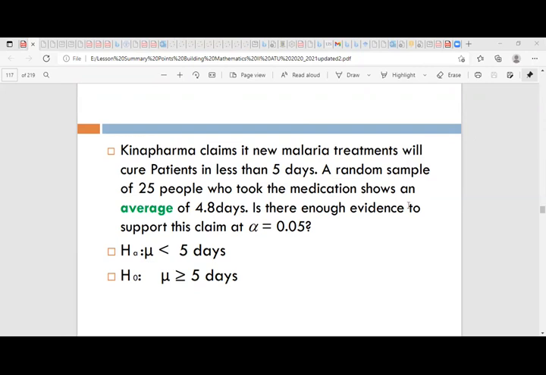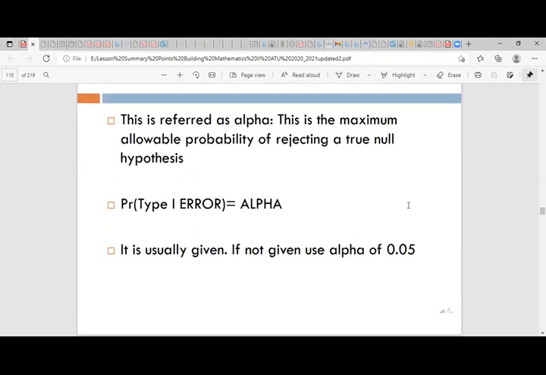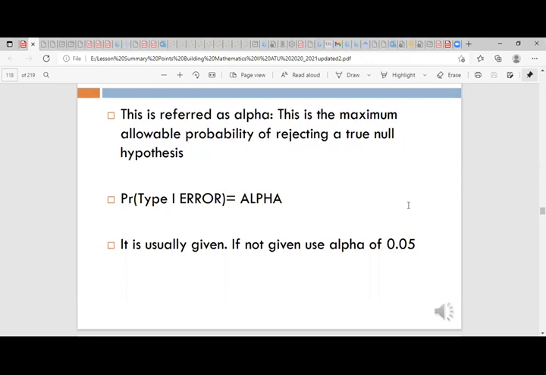Now we are going to step two, how to go about step two. Step two is talking about what we refer to as your alpha, the significance level.